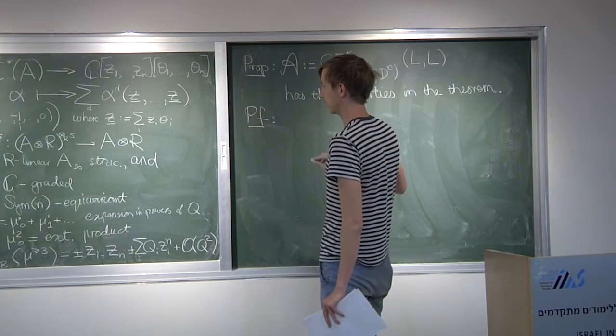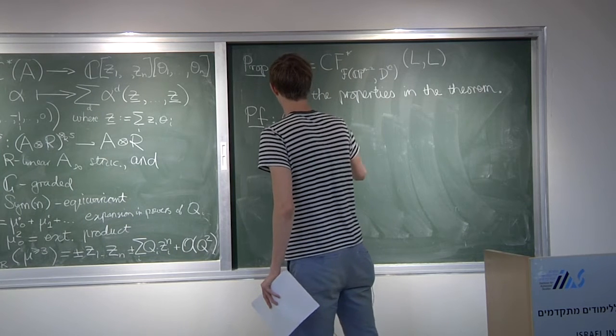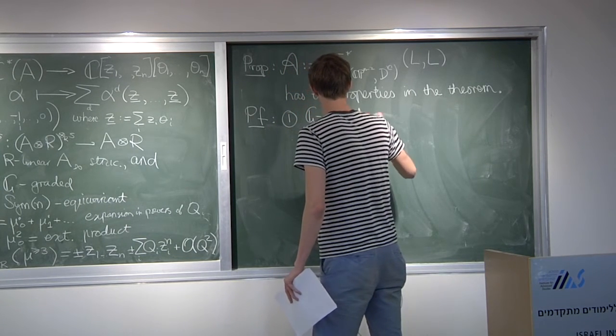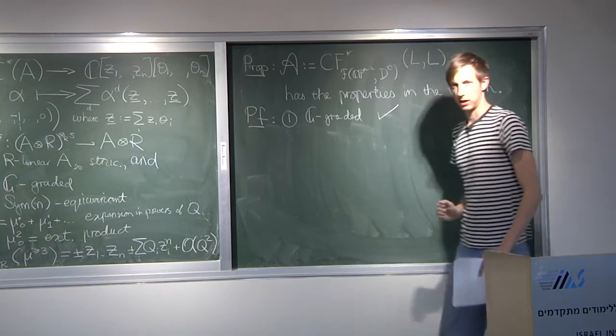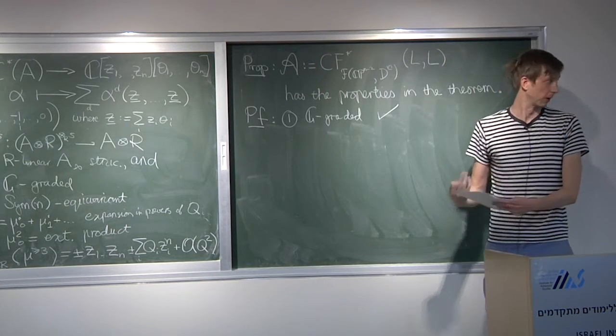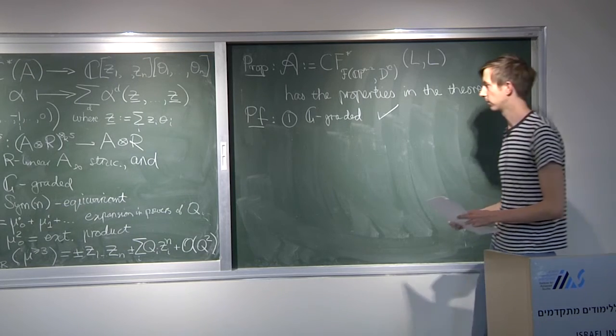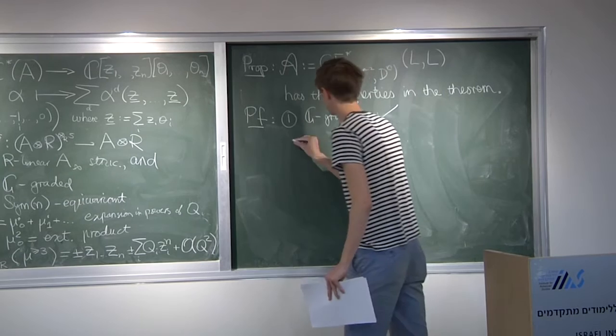So the proof is, since it's a relative Fukaya category, it's G graded. This was something I explained in the first talk.